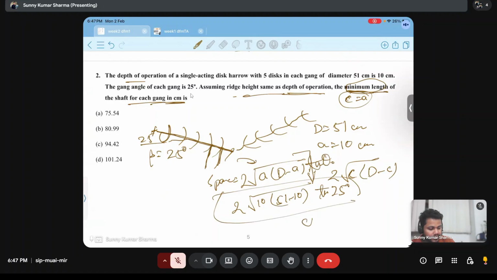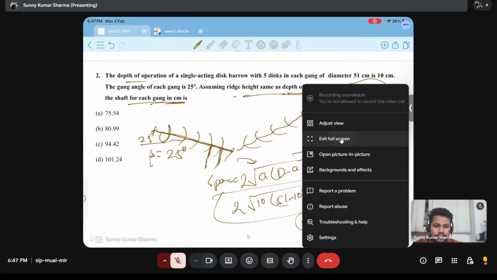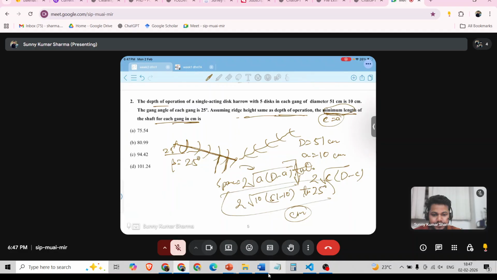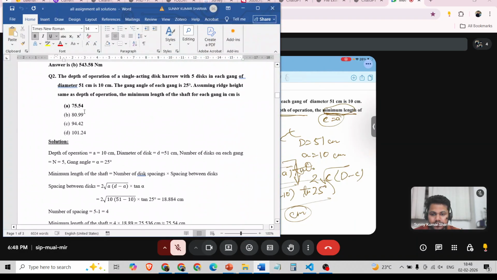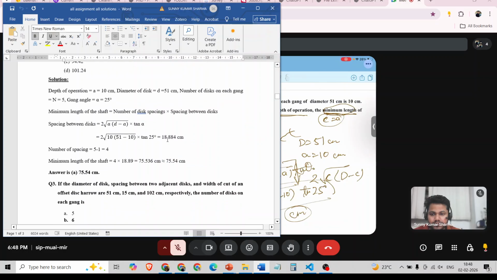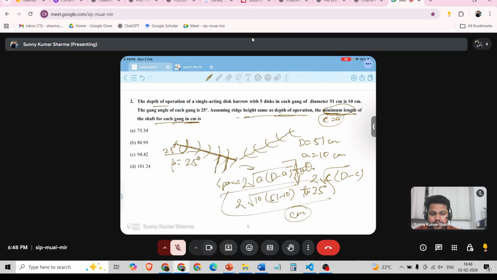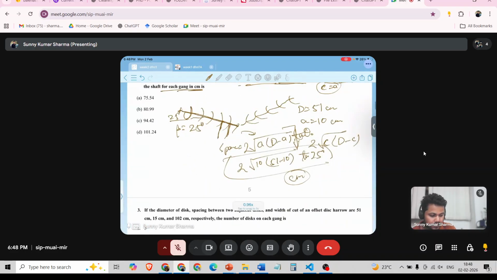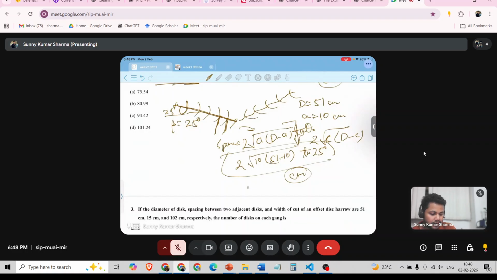This will come in centimeter. What value you got? 2 root under 10 into 51 minus 10.